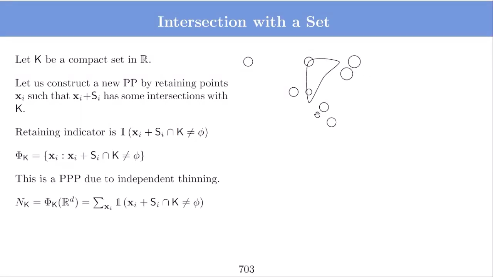So the derived point process should also be a Poisson point process, because you are doing an independent thinning of a PPP. So the derived point process, made from all the points whose grains intersect with K, is a PPP. That is one result.